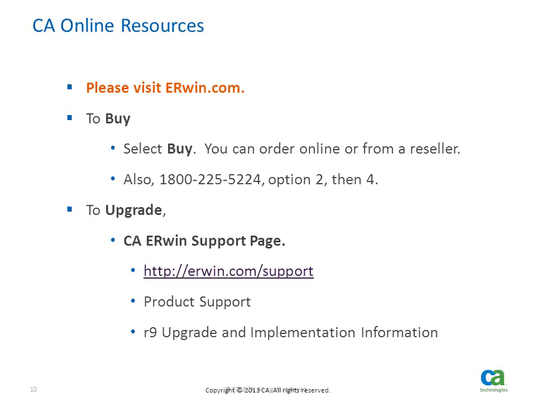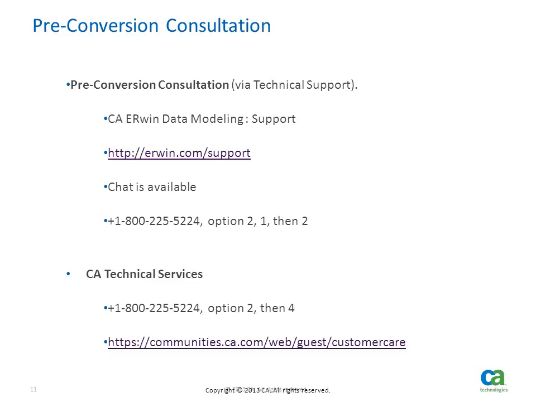To upgrade, please see the CA ERwin support page that's available at erwin.com/support. We have product support available there, and we also have the R9 upgrade and implementation information available. You can also schedule a pre-conversion consultation with level 1 support. You can do that by going to the website erwin.com/support.